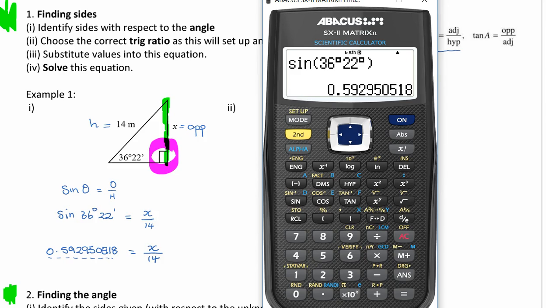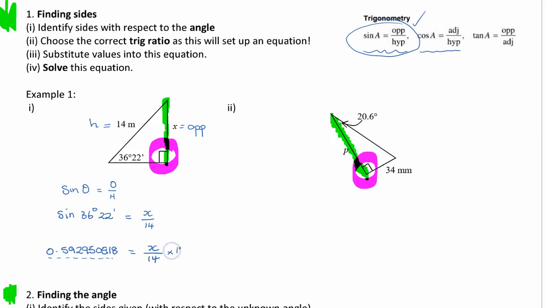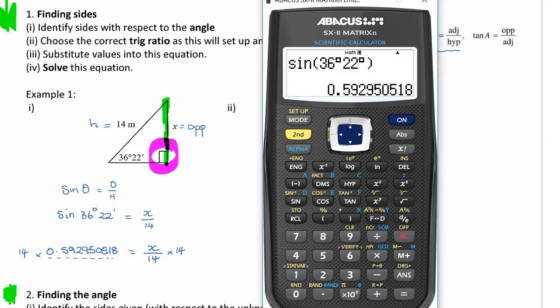Now, thinking about this algebraically, we've got x divided by 14. We want to get the x by itself. You probably know that you're going to multiply by 14. So multiply this side by 14. Back to the calculator, we want that answer multiplied by 14.